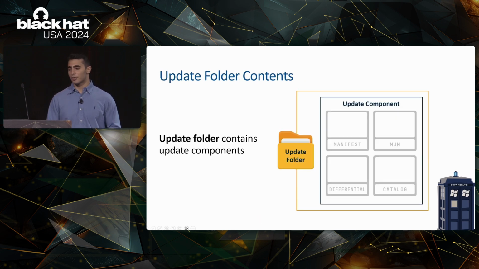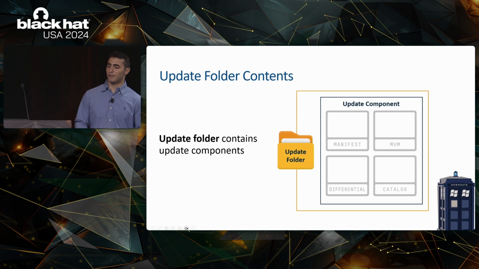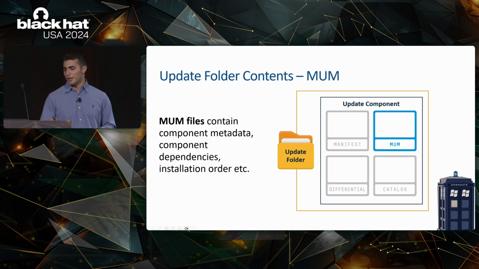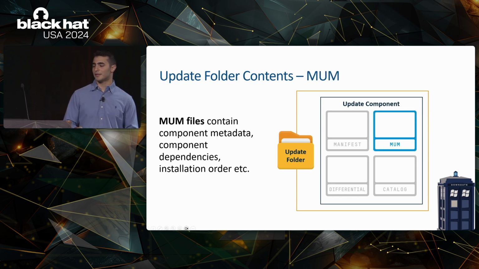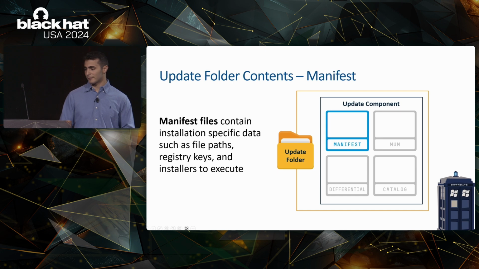The update folder contains update components, and each update component contains a manifest, MAM, differential, and catalog files. The MAM files are Microsoft Update metadata, and they contain component dependencies, installation order, etc. The manifest files contain installation-specific information, such as paths, registry keys, which installers to execute as part of the installation, and more.